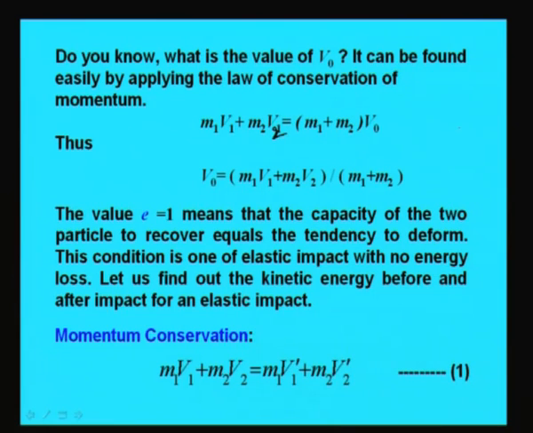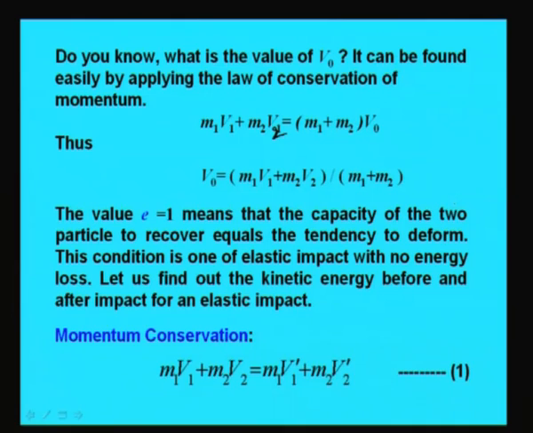Now, E equal to 1 means that the capacity of the two particles to recover equals the tendency to deform. So this condition is one of elastic impact with no energy loss.